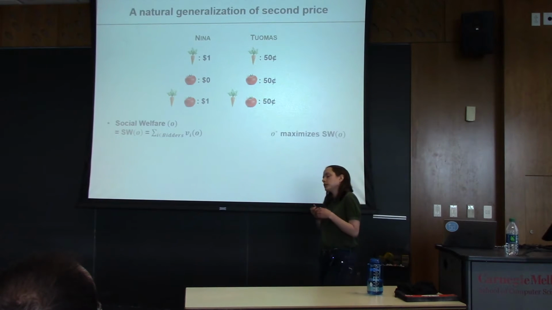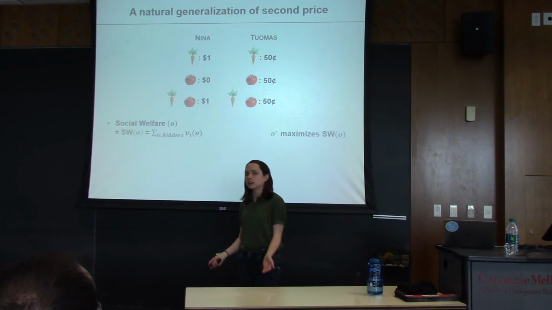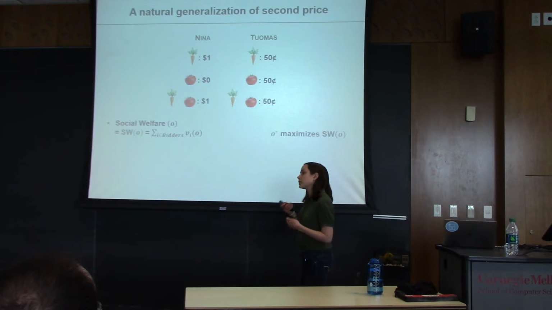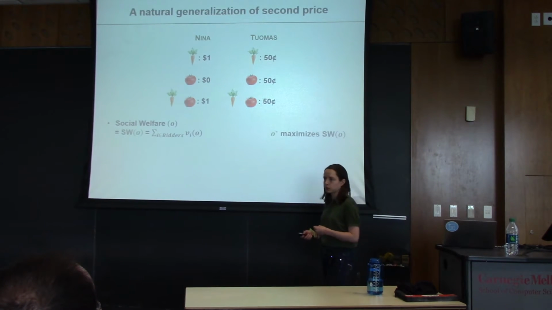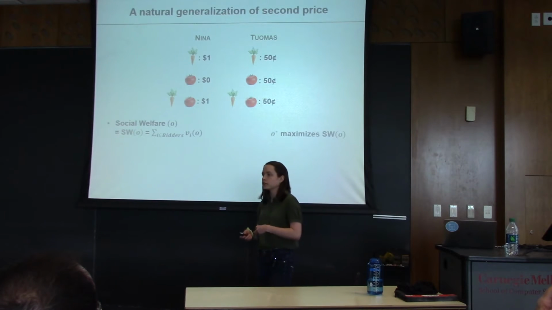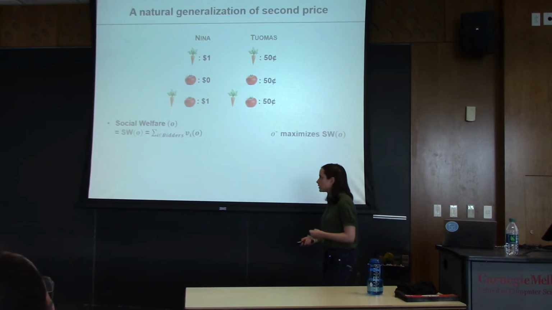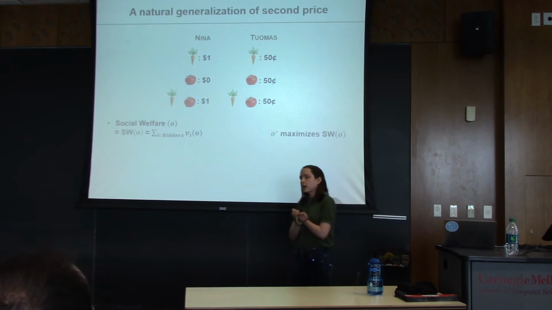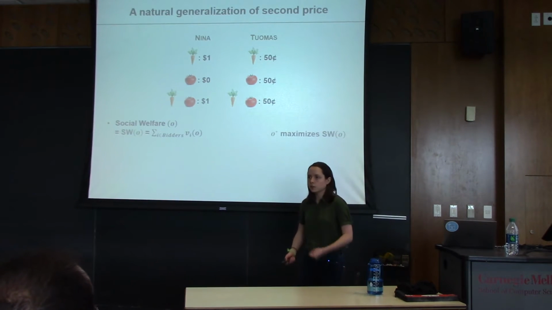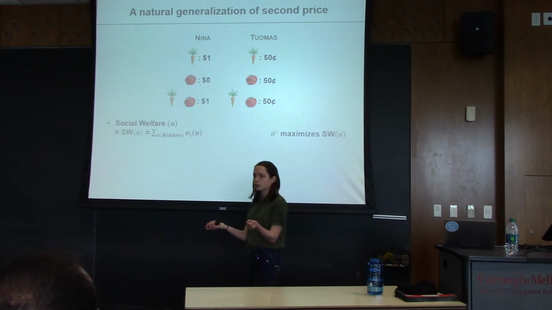Now I'm going to describe a very simple and natural, well-known generalization of the second price auction, that classic strategy-proof auction for the single item case, to the multi-item case. This is going to serve as a base case by which I can build this hierarchy of combinatorial auctions.